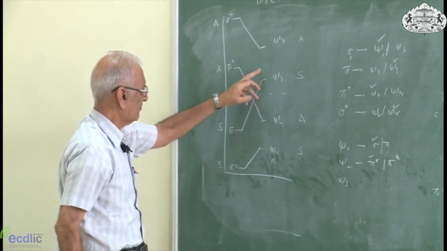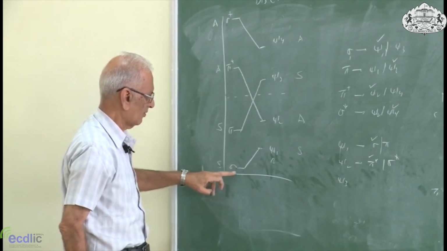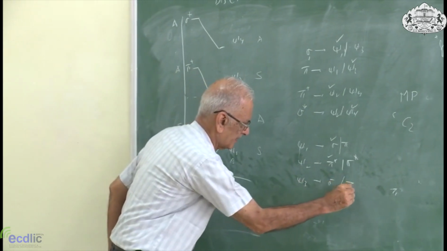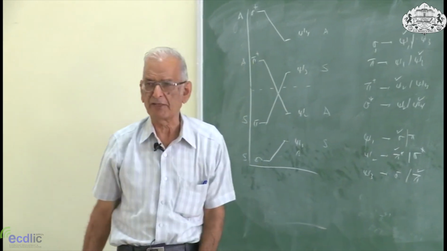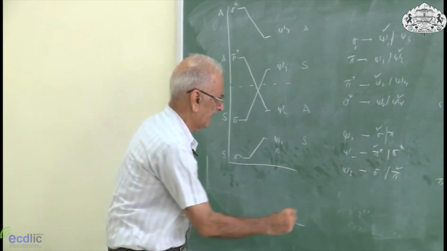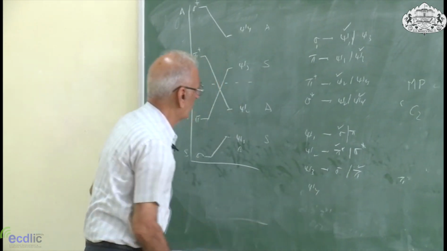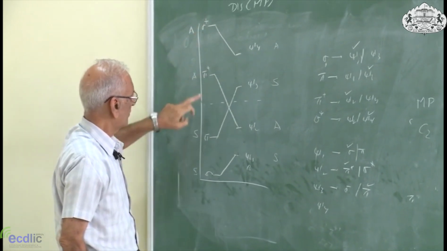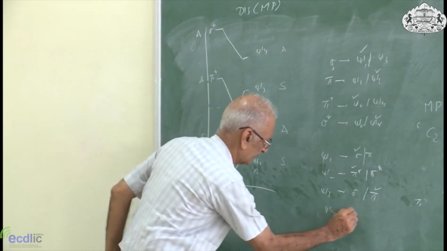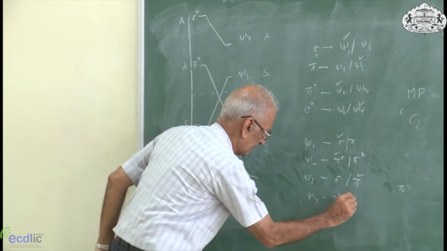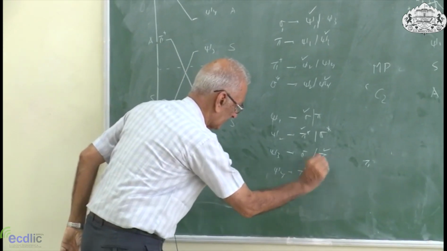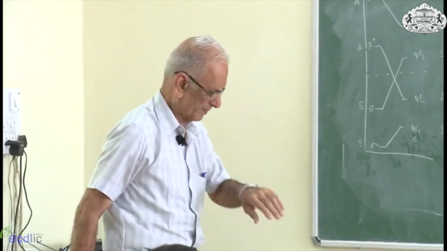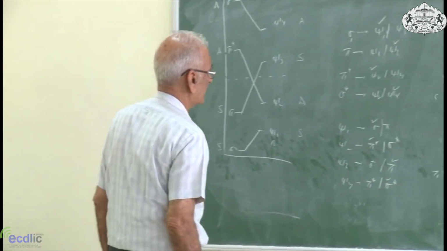Psi 3 is symmetric, so I can join it to pi or to sigma. Sigma is occupied, so I join it to pi. And psi 4 is anti-symmetric, so I can join it to sigma star or to pi star. Pi star is occupied, therefore I join it to this. So, we have reached this.